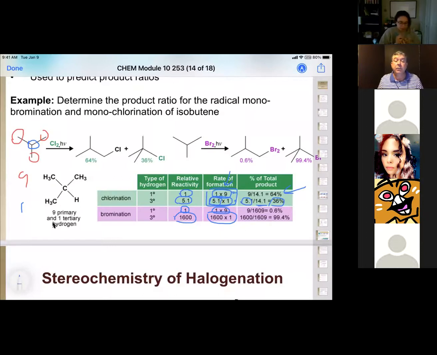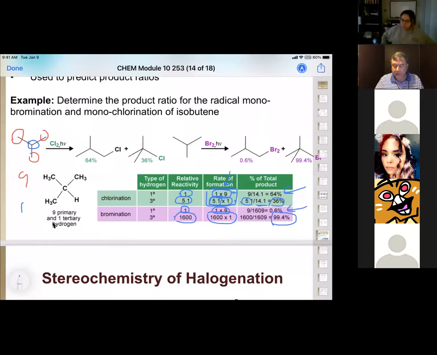And then the total number of reactions possible is 1,609. So if we divide 9 by 1,609, we get 0.6%. If we divide 1,600 by 1,609, we get 99.4%. And this is pretty close to the reaction ratio we see. It's going to be 99% the tertiary because of that higher reactivity ratio.